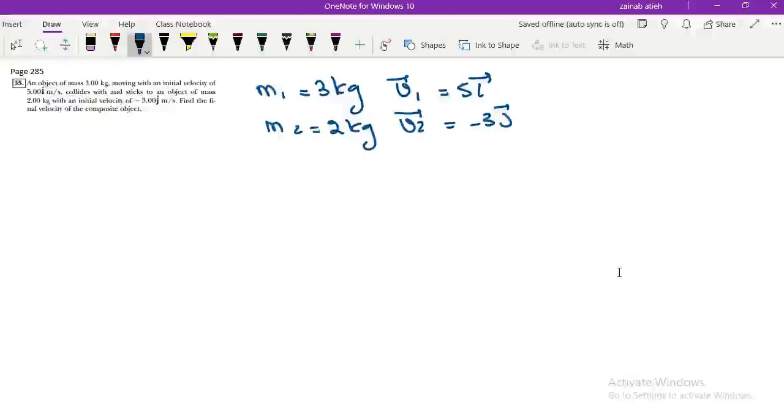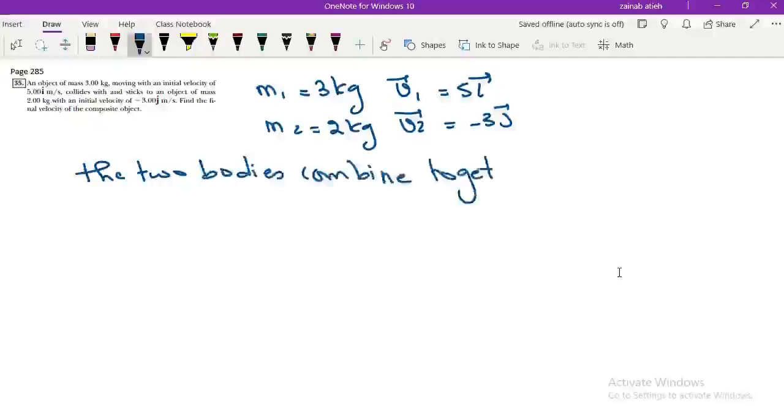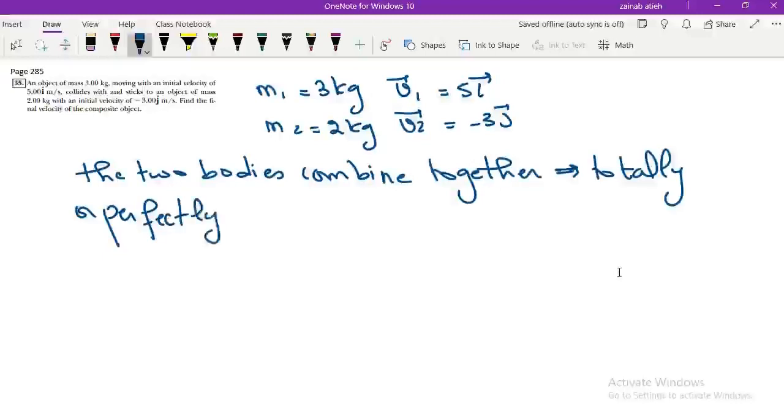Okay, so the two bodies combine together implies a totally or perfectly inelastic collision.